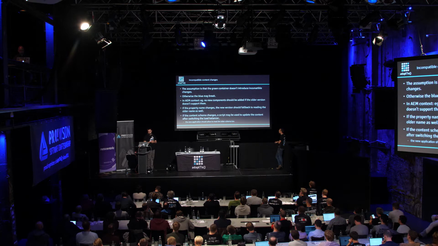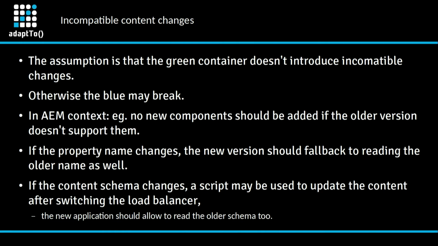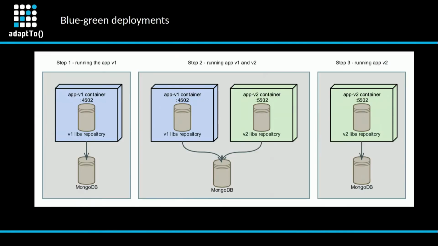So there are some constraints on the application side, because as you can see, what happens if this container does some changes in the content that this container cannot handle? Well, it will break, so the new container cannot do it.